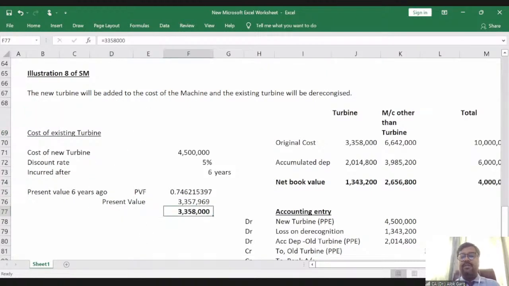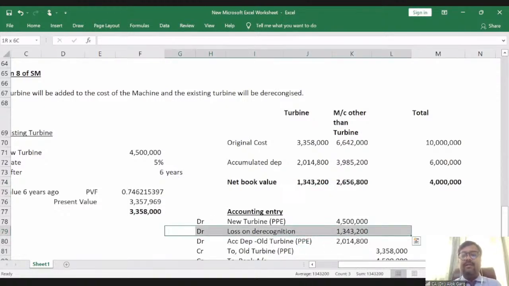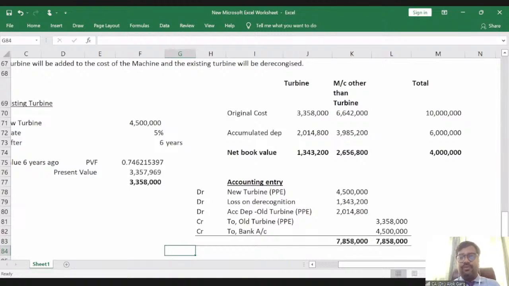The cost of the existing turbine is 33,58,000, and we calculated the accumulated depreciation on the basis of 10 years of useful life, but 6 years have already elapsed. So we arrived at a net book value of 13,43,200, and this will be the loss on derecognition, right? And the new turbine will be added to the cost of PPE, the cost of the machinery.